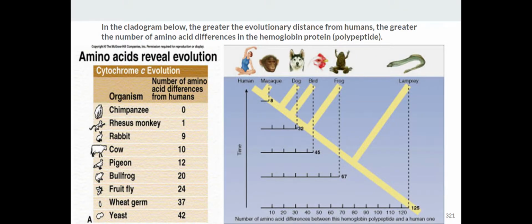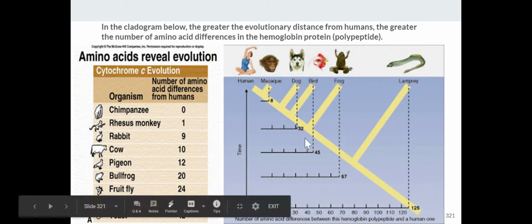You can use the number of differences or number of similarities to create what's called a cladogram, right? It's just a family tree showing relatedness. So here's a cladogram, and we're going to talk about this more when we dive into ecology.